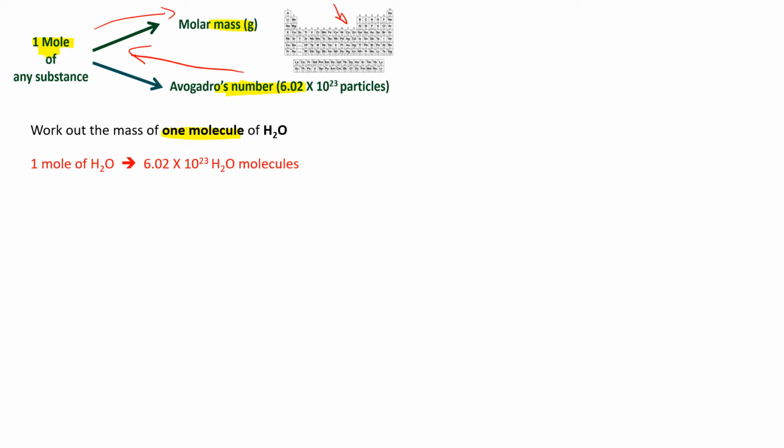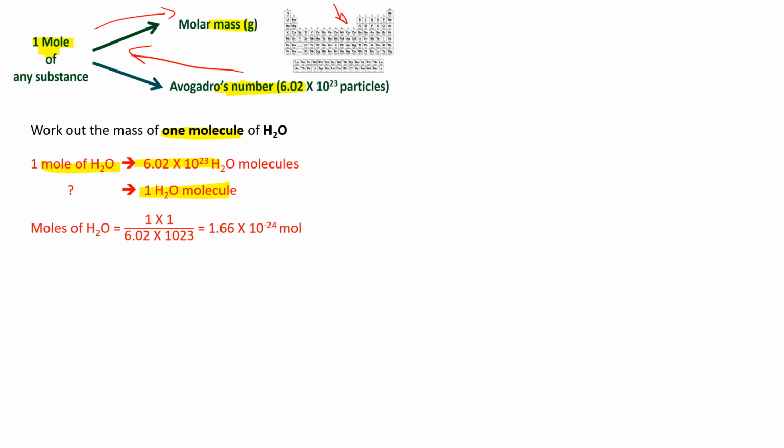Our reference is 1 mole of any substance. So 1 mole of water is equivalent to Avogadro's number, which is 6.02 multiplied by 10 to the power 23 H2O molecules. Okay, so what if we have one H2O molecule? How many moles, or what is the equivalent amount in moles for one H2O molecule?